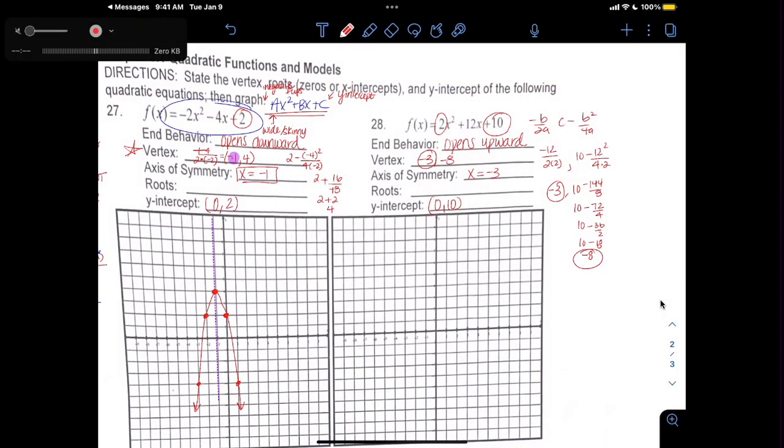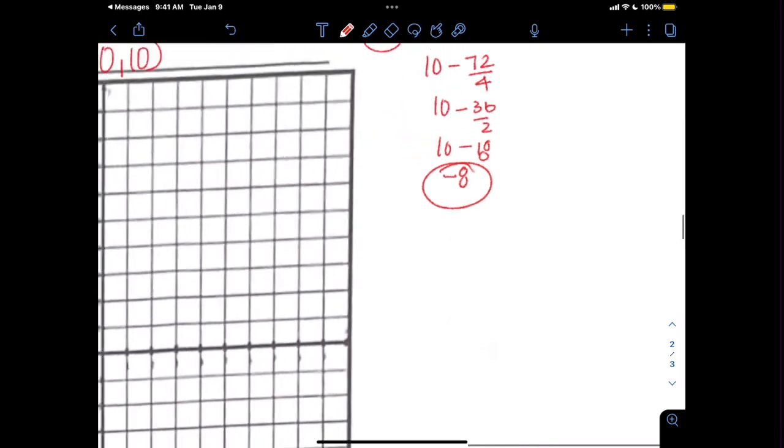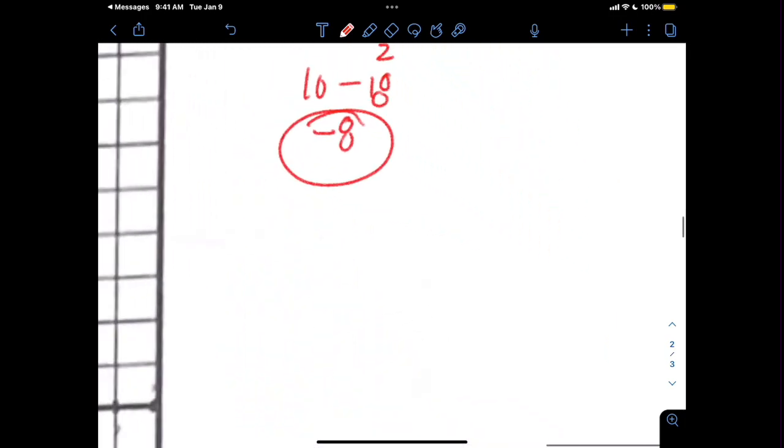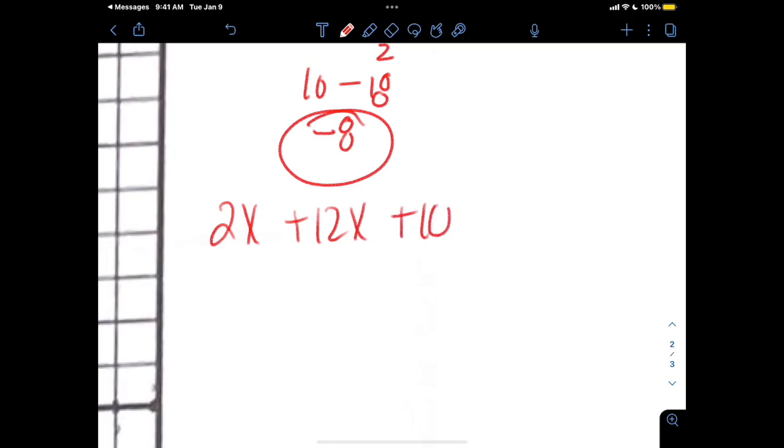I'll go ahead and just factor. So first thing I'll do is I'm going to rewrite my equation. I see that it does have a 2 in common for every single thing. So I'm going to factor out a 2.